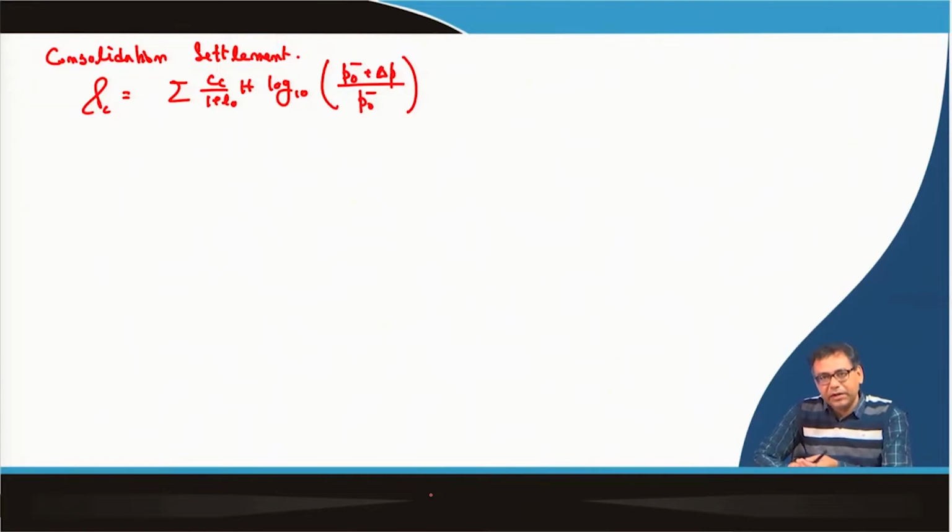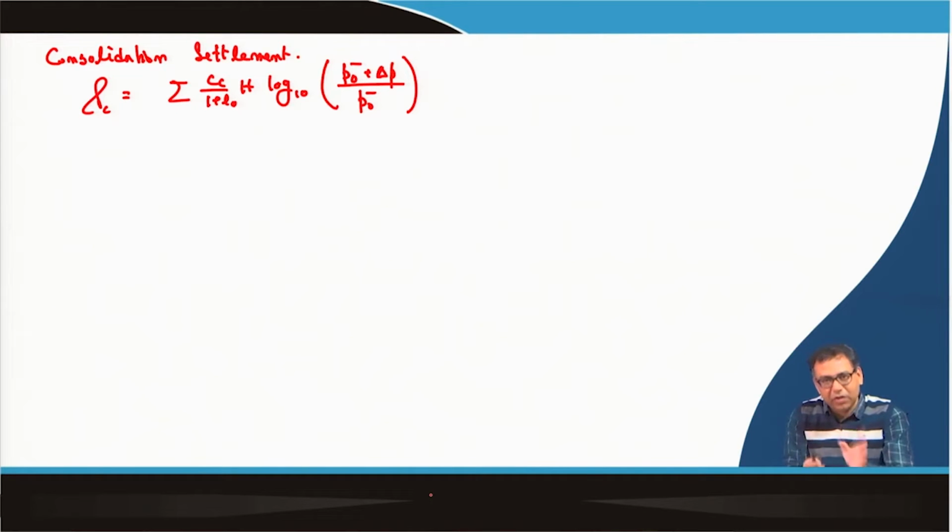So, there may be a possibility the soil may be in the over consolidated range. In such case Cc, the compression index, you have to replace with swelling index. And there is a possibility that initially the soil was in over consolidated stage. Now, when you apply the stress due to the external load, the soil will go to the normally consolidated stage. So, in that case some portion will be your Cc and some portion will be the swelling index. So, based on that you have to determine this consolidation calculation.